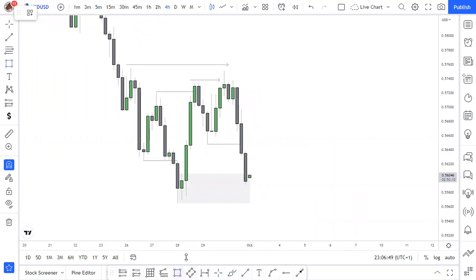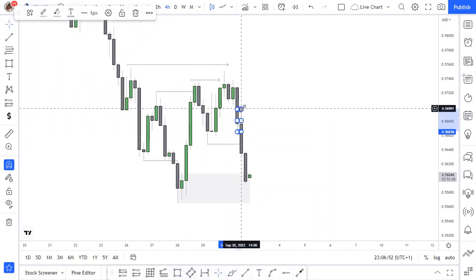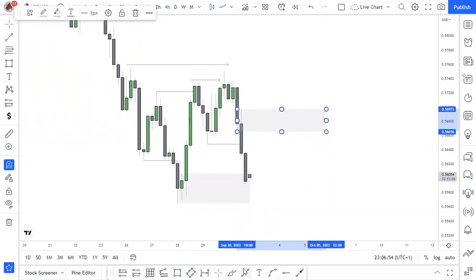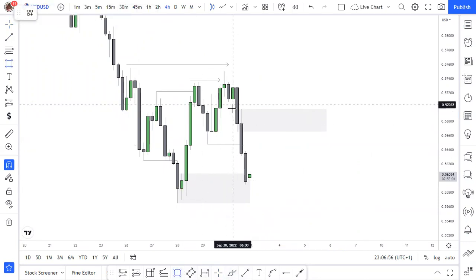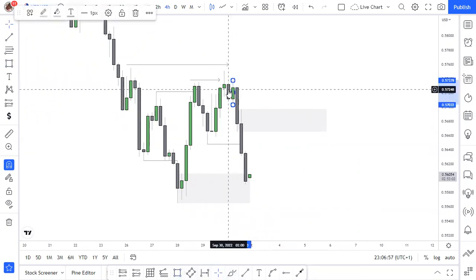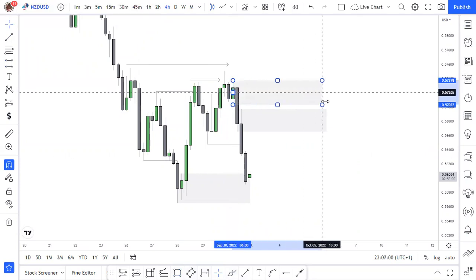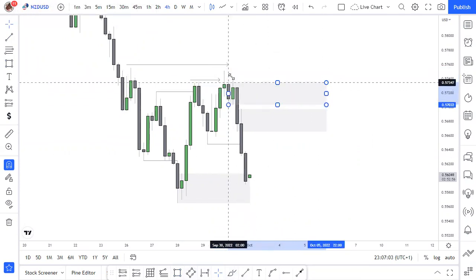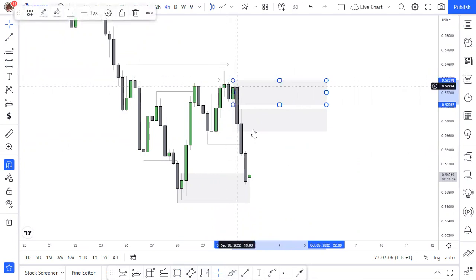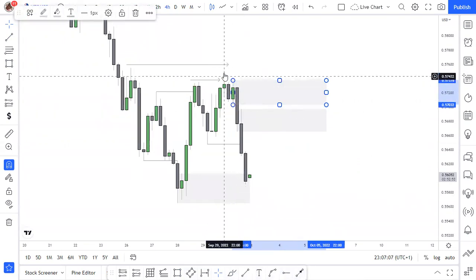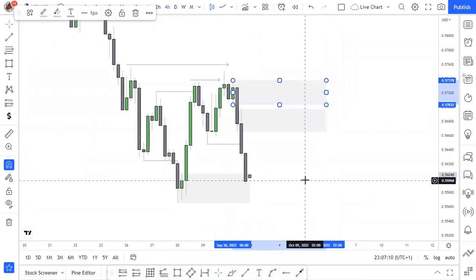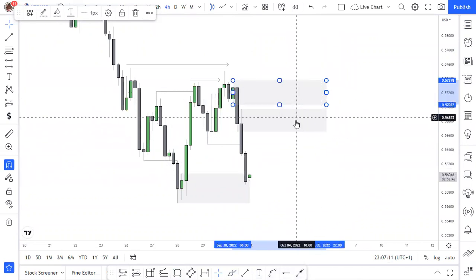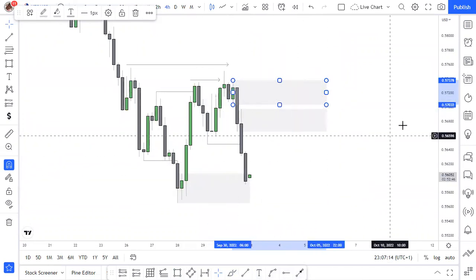So we can look for shorts within here. It's the same thing as that of the Australian dollar. You can look for sells within these zones. You can include the weekly if you want to, but I'll just leave it this way, though I'm aware of this week here. So we can look for sells within here, and we can also look for buys within here.